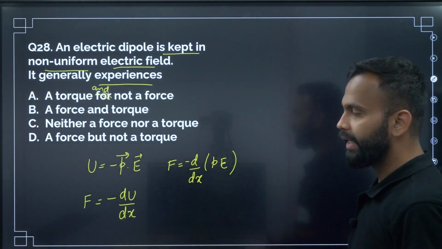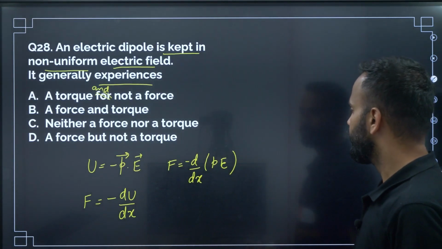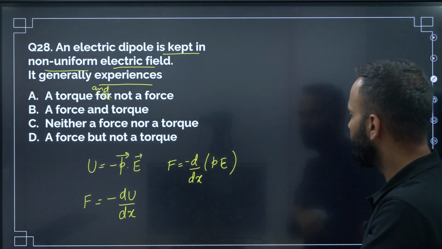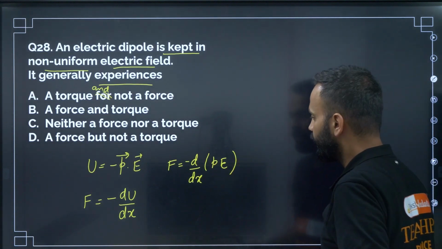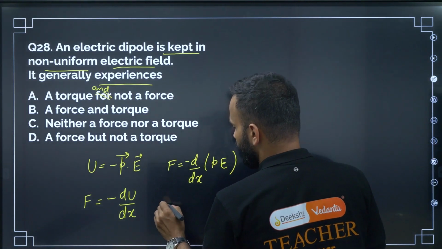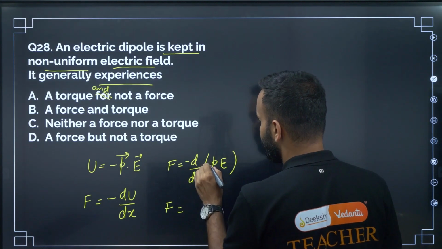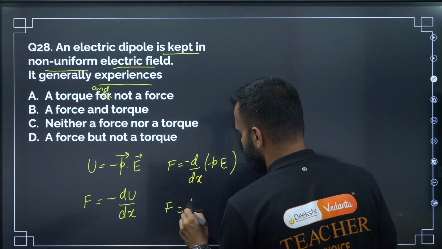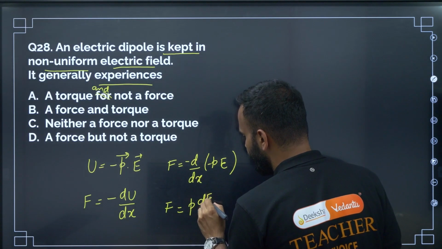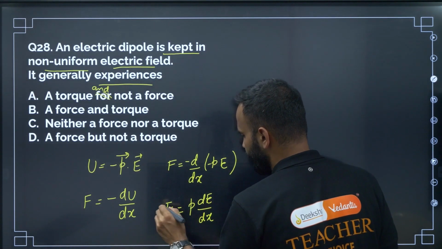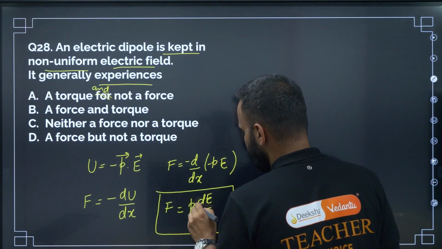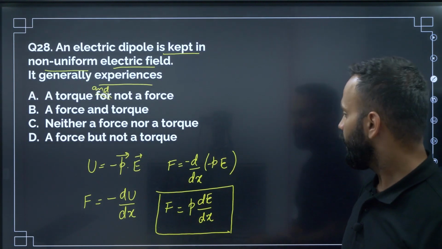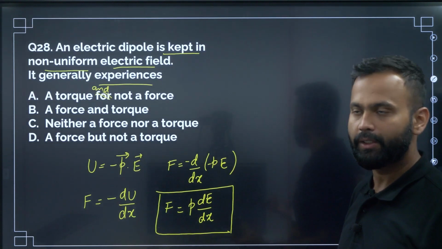Here theta is the angle between P and E, which is equal to 0 degrees. So now F is equal to minus, minus P into E, so minus into minus is plus, P into dE by dx, right? From this expression, we can conclude that the dipole experiences force. It will experience torque as well as force.